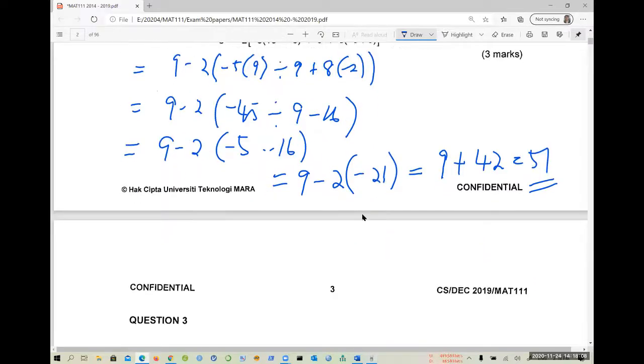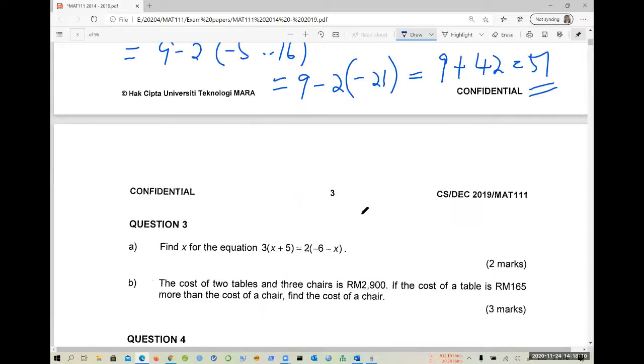Okay, and then the next question is related to linear equations. So in this situation, you need to solve for the variable, for the unknown. For example, the one here. So you have 3x plus 5 equal to 2 times negative 6 minus x.